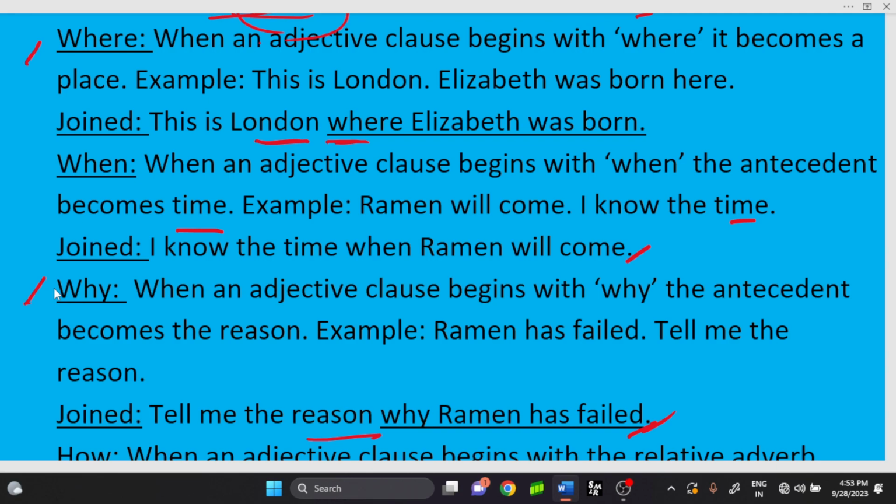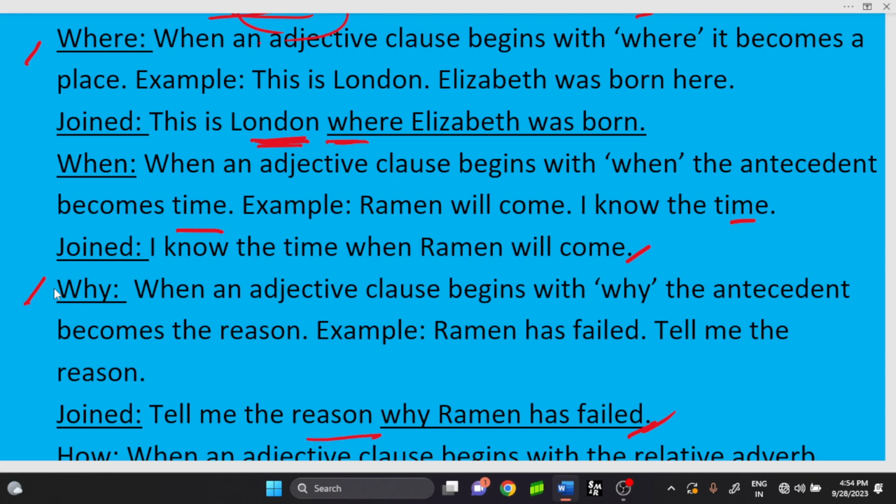Then where is used to modify London. Then London here becomes an antecedent. And an antecedent is very important regarding adjective clause, because if there is no antecedent, then it doesn't become a relative clause or adjective clause, and it's very essential to join two sentences based on adjective clause or relative clause.